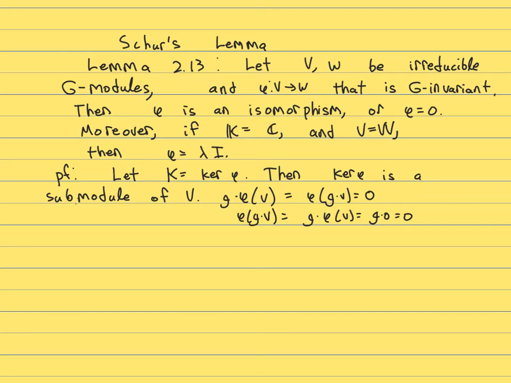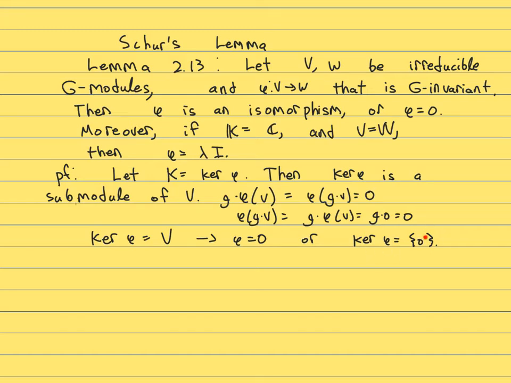V is irreducible, which means that this implies that either the kernel is all of V, which implies that phi is the zero map, or the kernel is trivial, which means that phi is injective.